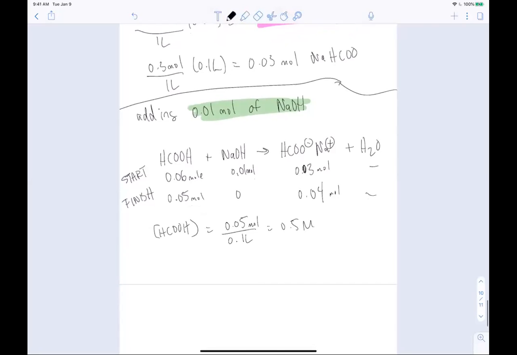So I have 0.5 molar of that. This is HA in the Henderson-Hasselbalch equation. And then A minus is going to be equal to the sodium formate concentration, 0.4 molar.